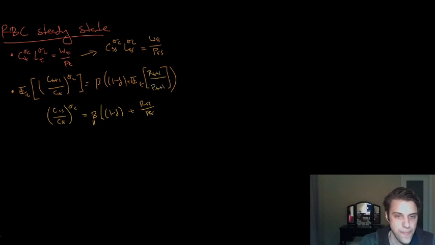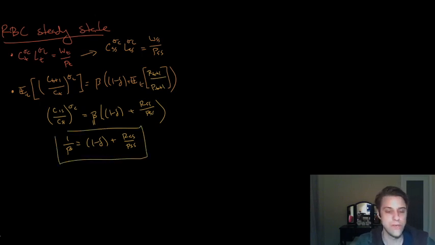Okay, so here we are. And right away you can see that this is a 1, right? It's C_ss over C_ss, so we're going to get 1 over beta is equal to 1 minus delta plus R_ss over P_ss. This is our answer. Notice, however, that we could solve this. Let's not draw a box yet.